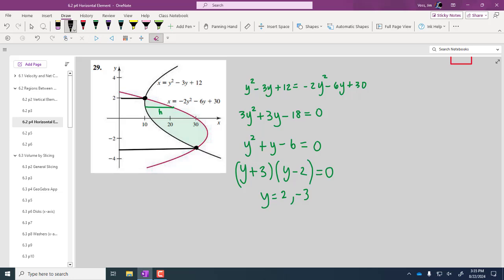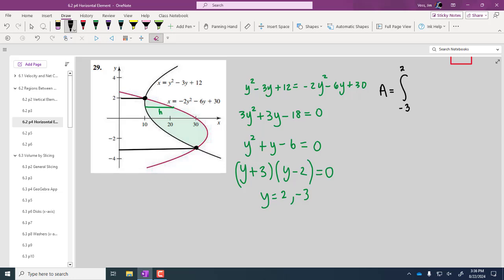Now we're ready to do our integration. So we'll integrate from negative 3 to 2. And we have to do the right curve minus the left curve. I think we can do that kind of in our head. So the right curve is the red curve. The left curve is the black curve.